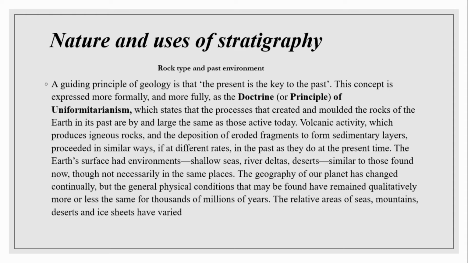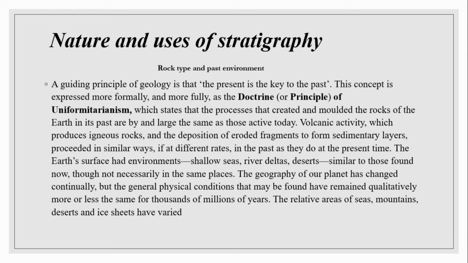The relative areas of seas, mountains, deserts, and ice sheets have varied considerably as time passed. However, the principle of uniformitarianism is a particular version of one of the foundation stones of scientific thought.